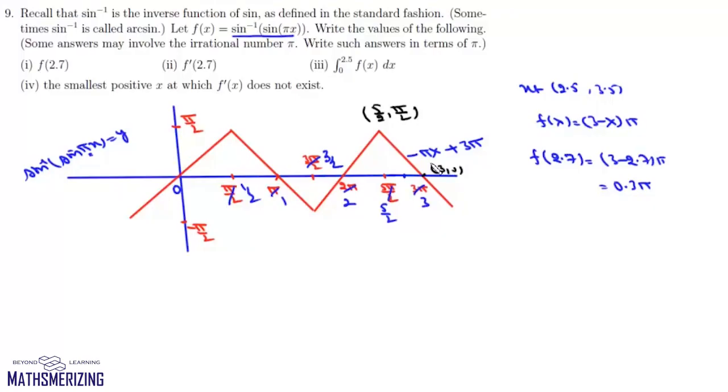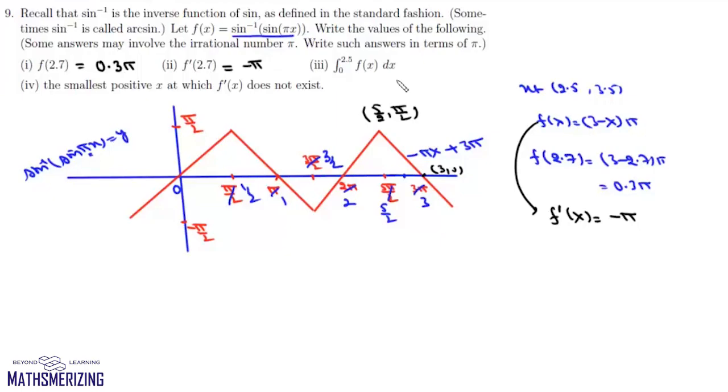Now using the two-point form, we can find the equation of this straight line. The answer to this first question is 0.3 pi. Now we differentiate it, we'll write f dash x, and f dash x will be simply minus pi. So at 2.7, its derivative will be simply minus pi.